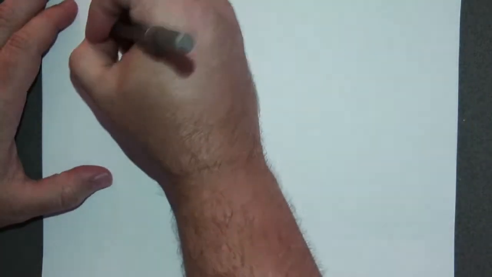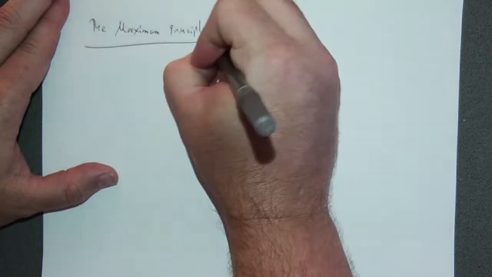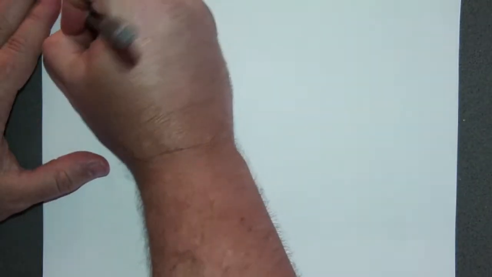What is the maximum principle? So we've already seen what we called the maximum principle for the heat equation. But what about for Laplace's equation? So it's the following theorem.